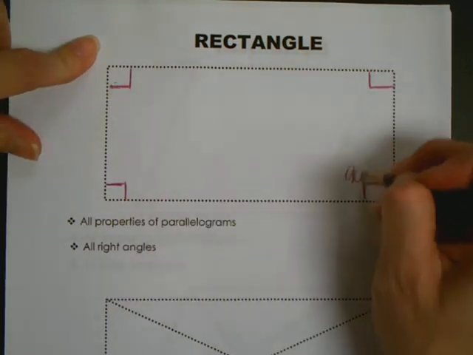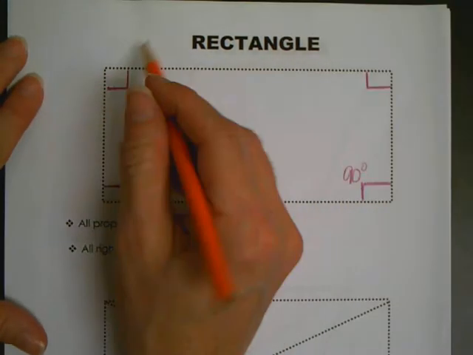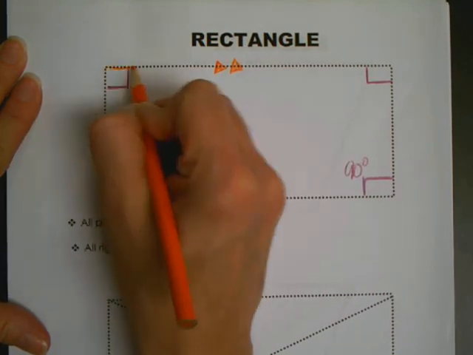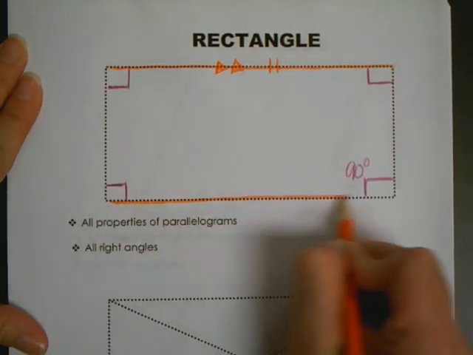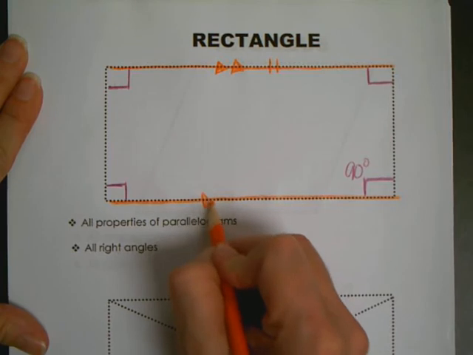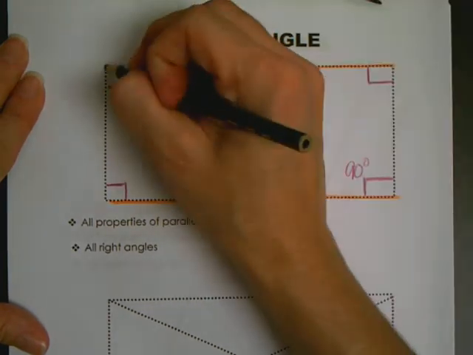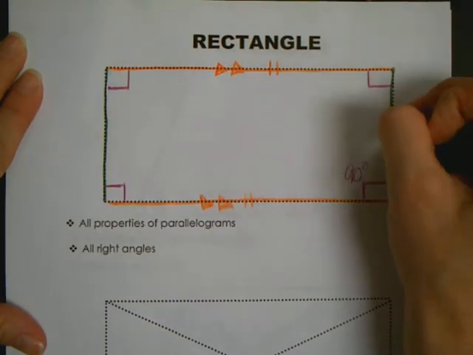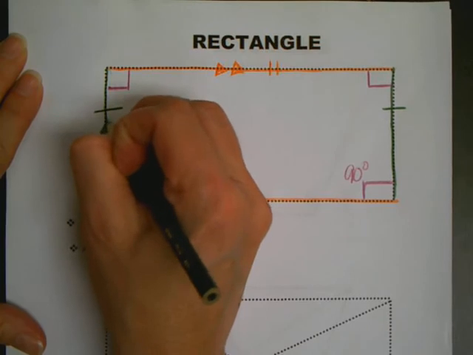All right, and let's go ahead and add in all the other things as well. The top and bottom sides are congruent and parallel. Our other opposite sides, the left and right, are congruent and parallel.